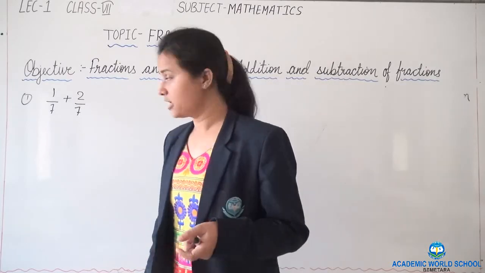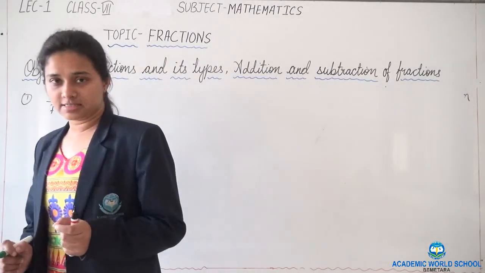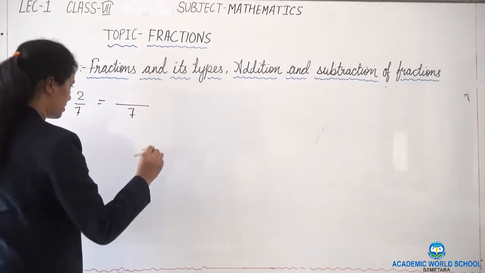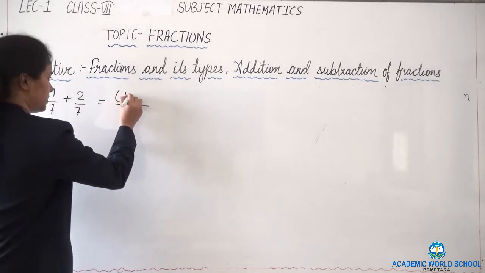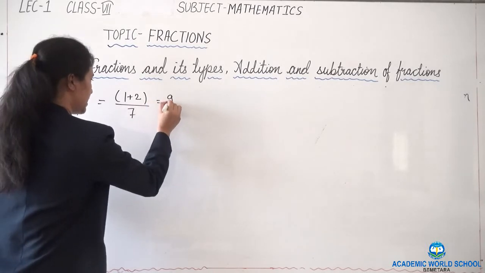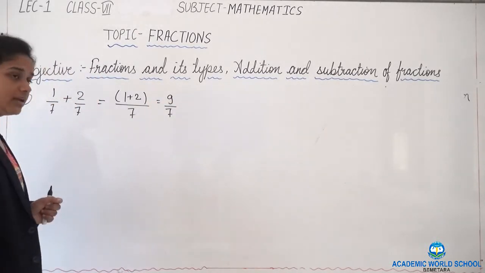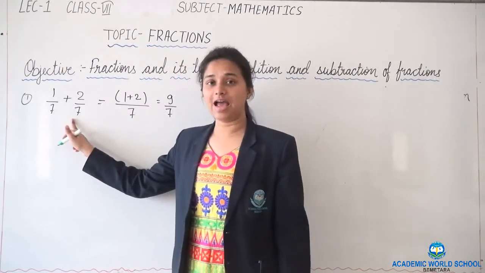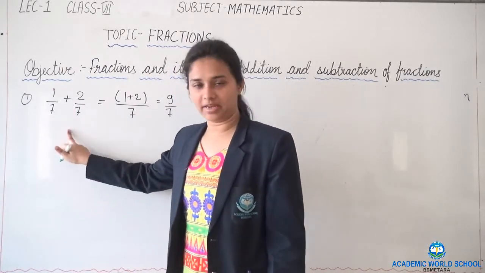So whenever the denominators are the same, we can directly find the sum. 1 plus 2, 9 upon 7. Now while adding, we never add or subtract the denominators.